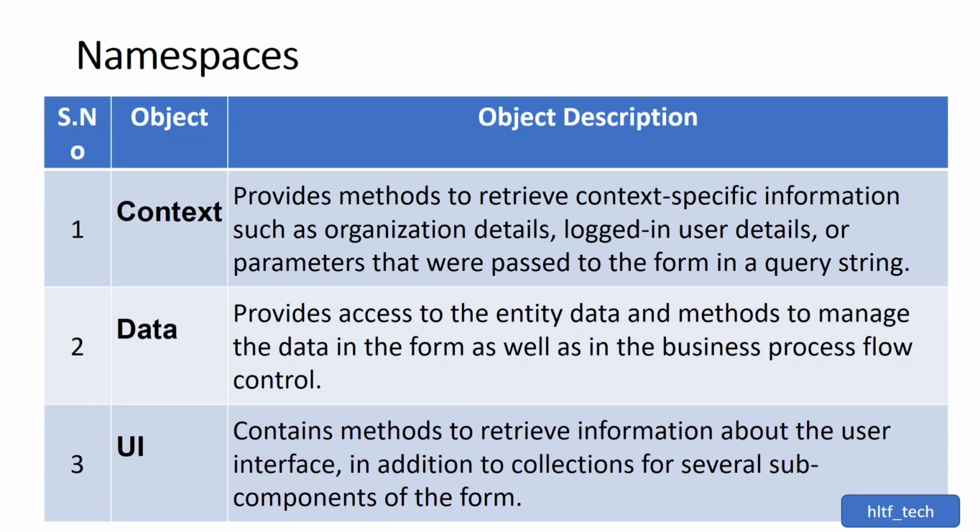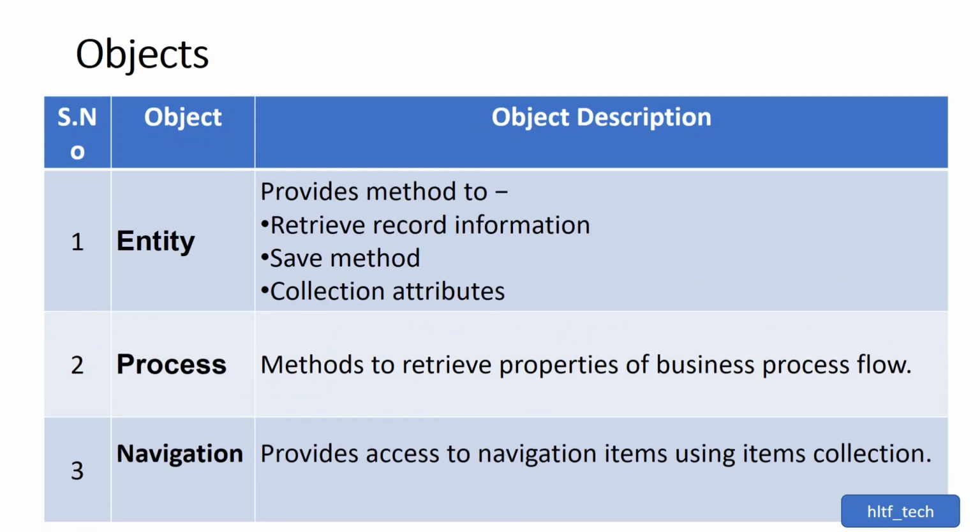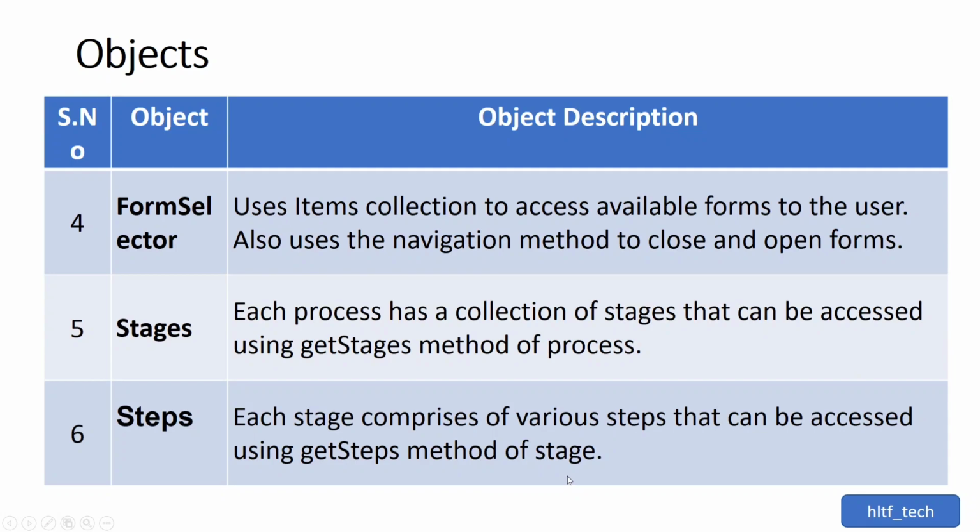Now, the context provides methods to retrieve context-specific information. We have already studied that, and the data and UI. Now, the objects are: entity, which provides methods to retrieve record information, the save method, and the attributes collection. Process is the method to retrieve properties of the business process flow, and navigation provides access to navigation items using the items collection.